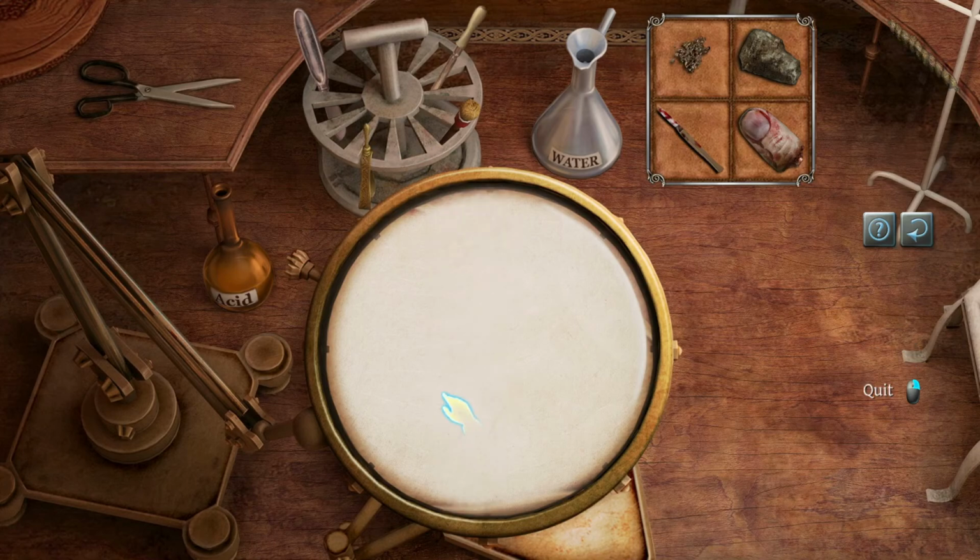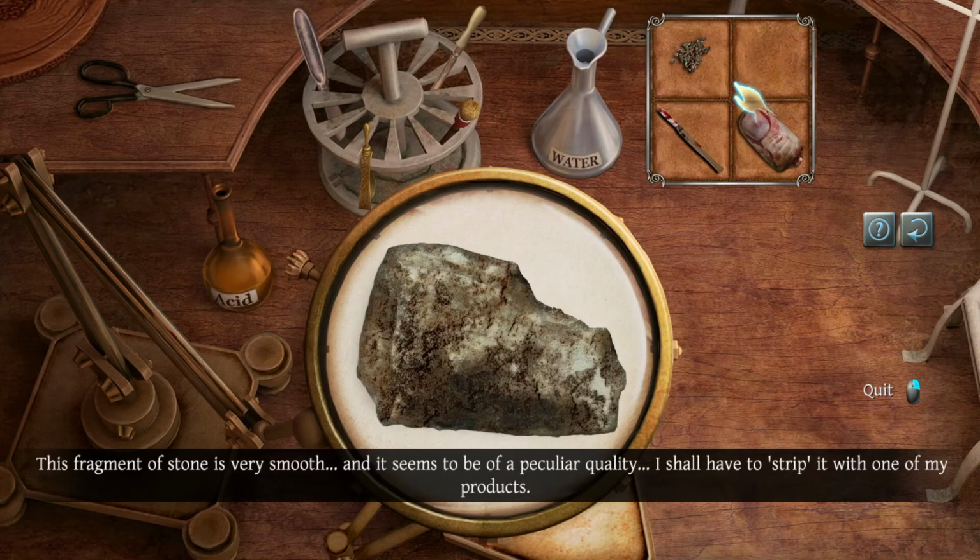Oh. Yes, that's what I was missing. Okay, this fragment of stone is very smooth, and it seems to be of a peculiar quality. I shall have to strip it with one of my products.